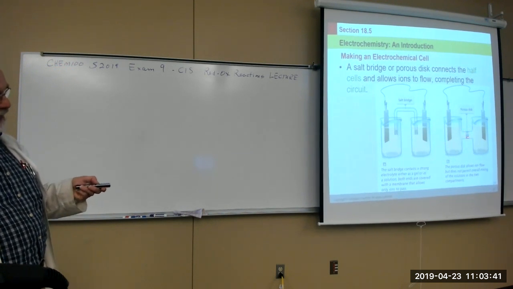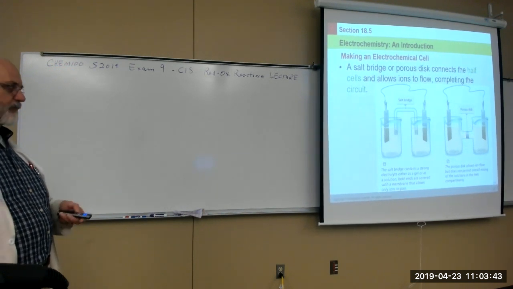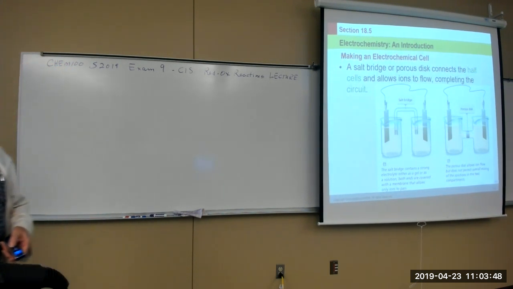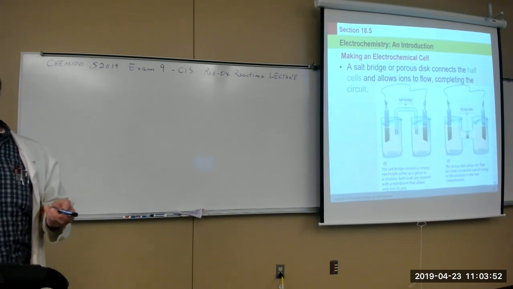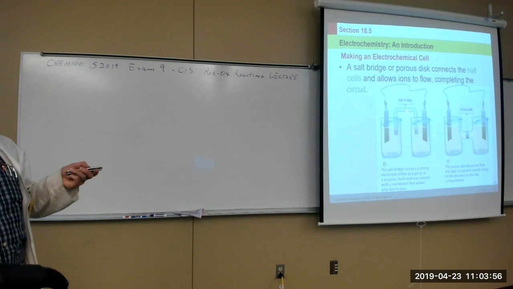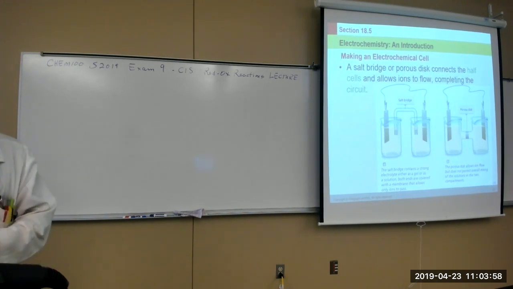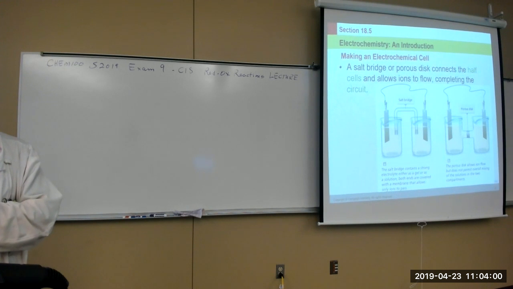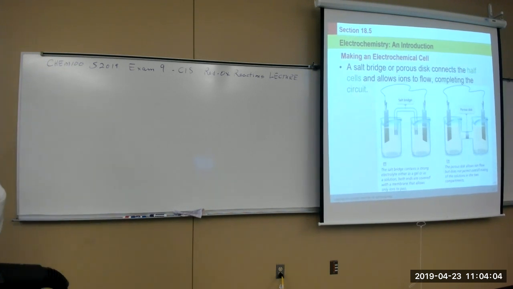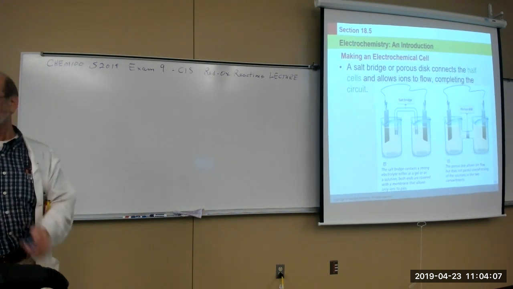Or we can use a porous disc like this. This is more efficient, the porous disc, but you have to construct your glassware to handle that. It's easier, particularly in a laboratory setting for students, to just make a salt bridge. And my general chemistry class is going to do that next week. The last thing of the year we do for my Gen Chem 2 class is make a battery.